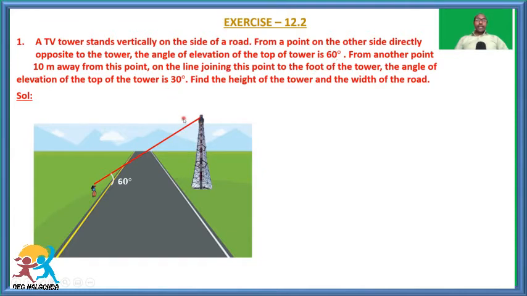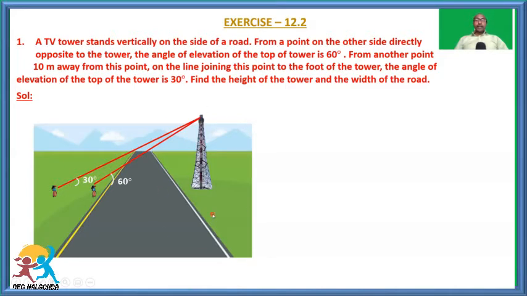So we can tell that the observer walked away in the opposite direction from the tower. Now the angle of elevation is 30 degrees. If going towards the tower, the angle of elevation will increase, and going in the opposite direction, the angle of elevation will decrease.